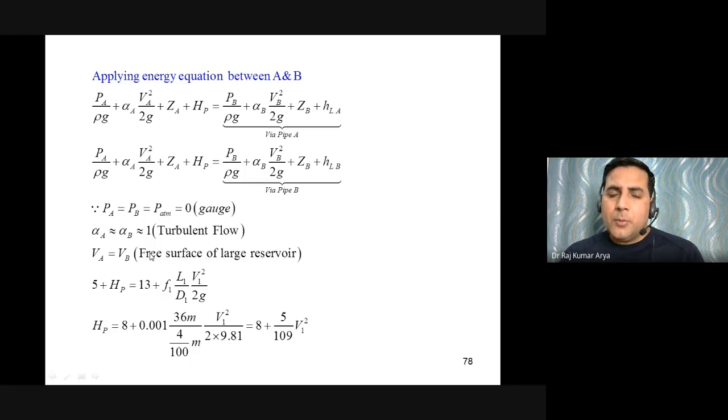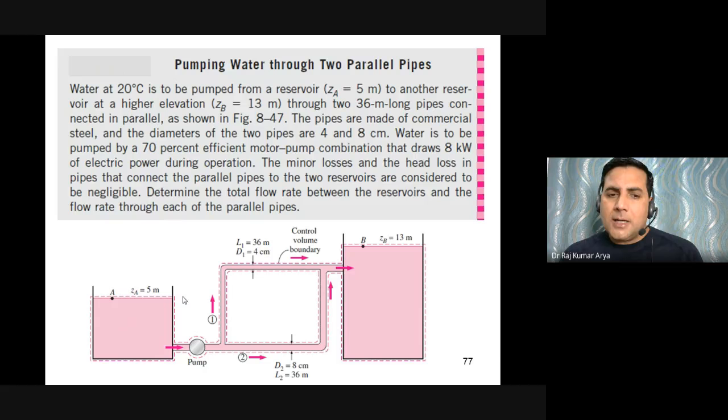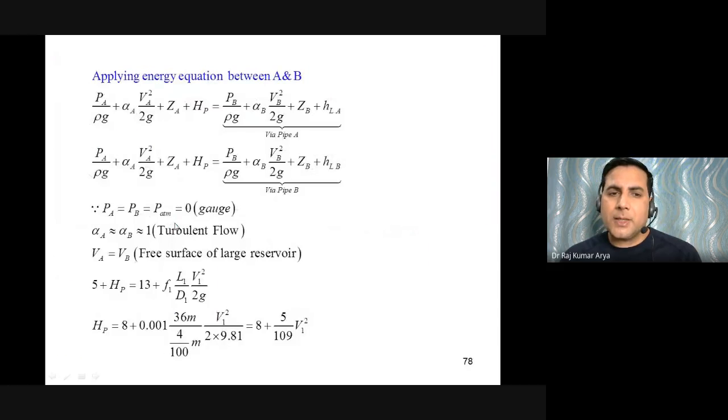Then both the tanks are open, and we are also considering them large reservoirs. These are the assumptions from our side. So velocity at point A and point B is also nearly zero, so V_A equals V_B, and the free surface velocity is also equal to zero.